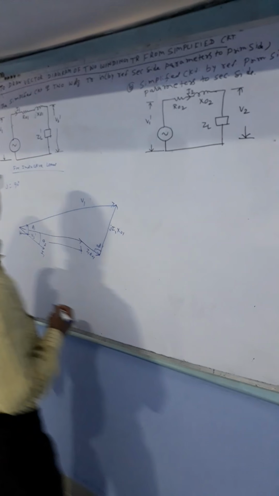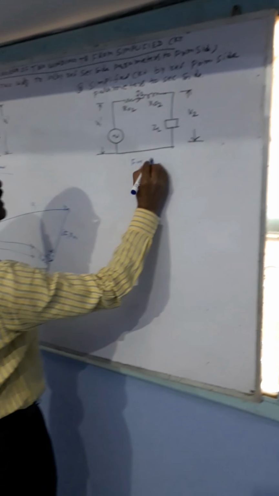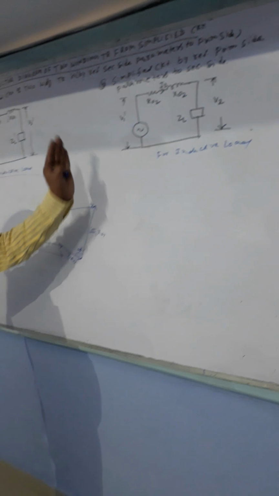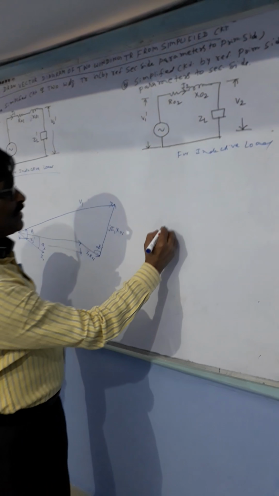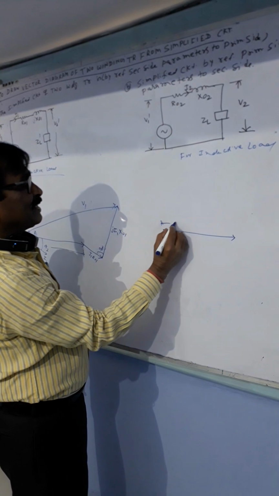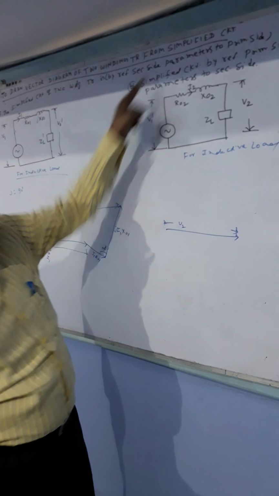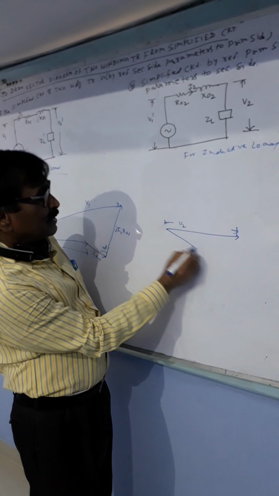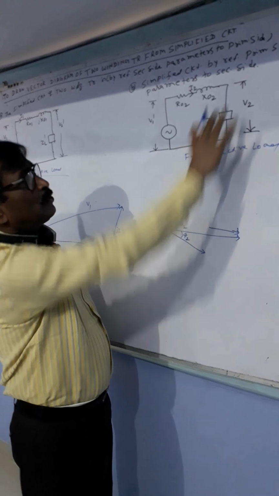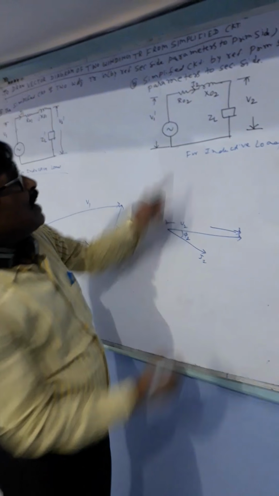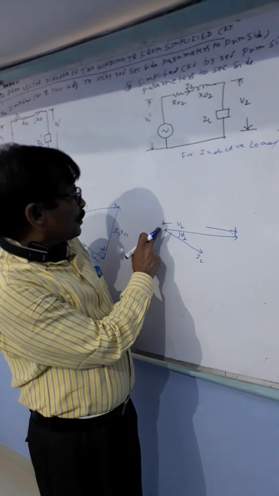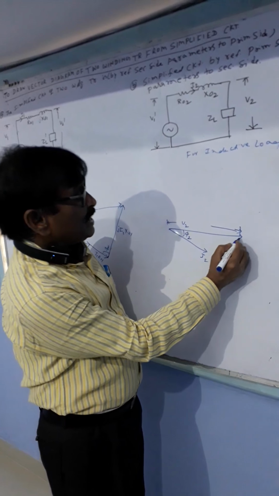Similarly, for inductive load, by referring primary side parameters to secondary side, start the vector diagram from this load side V2, and this load current I2 lagging behind the load voltage by an angle phi 2, the load power factor angle. I2 into R02 will be added to this V2, whose line will be in parallel with I2.